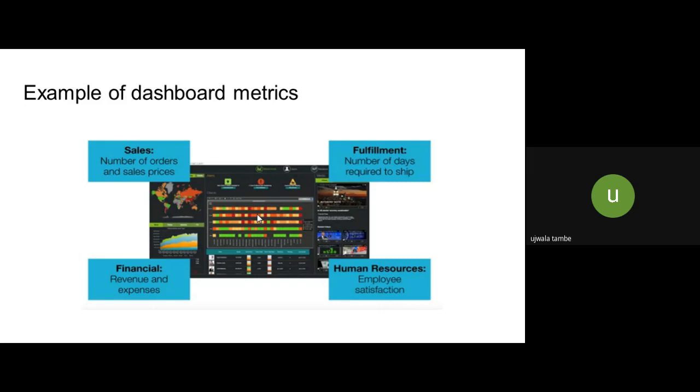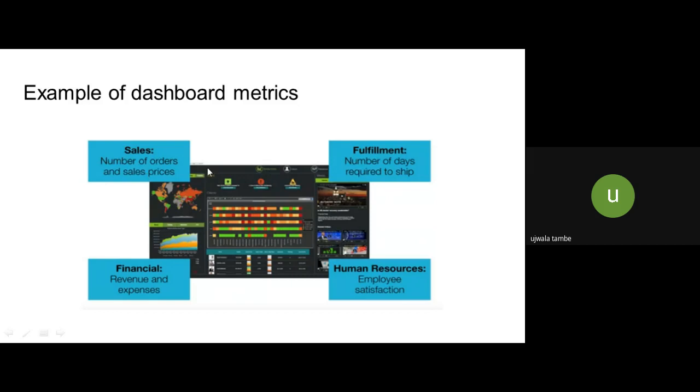So this is an example of the dashboard metrics. As we know, metrics are nothing but data, in an ordered form, in quantity form, or in aggregated form. So we can say that the data must be clear, distinct, and consistent. Focus on fields like sales, financial, fulfillment, and human resources.